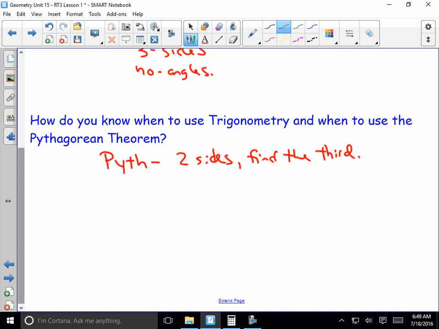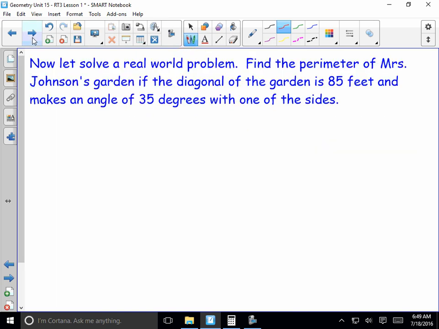We have to use trig when we have 1 side, 1 angle, and we're trying to find a side. So that's the difference between when we can use one of these situations and when we can use the other. Okay, so now last example, how can we see this in a word problem type?